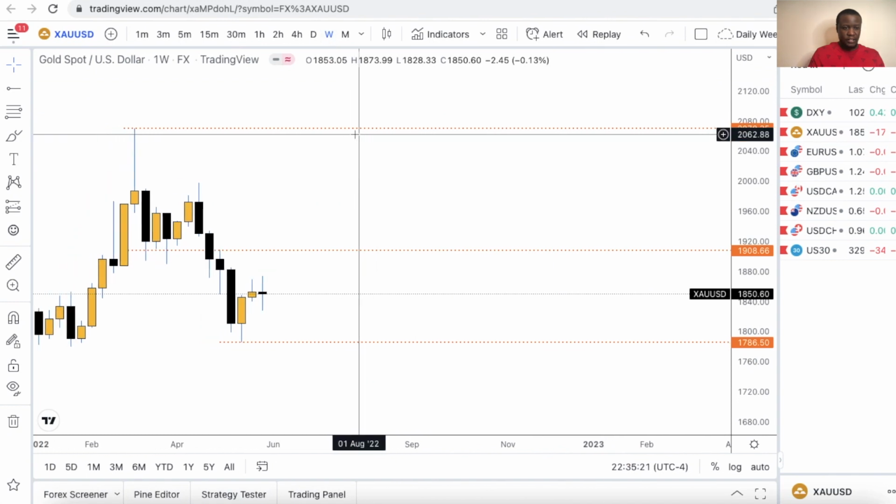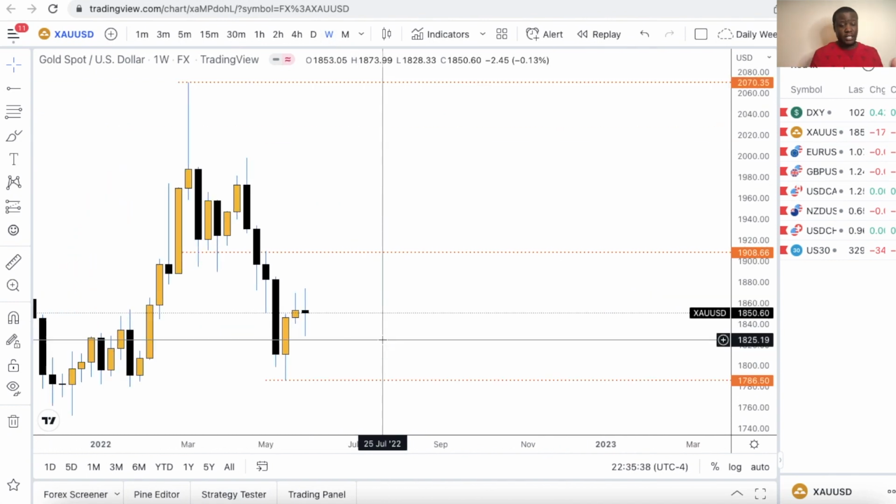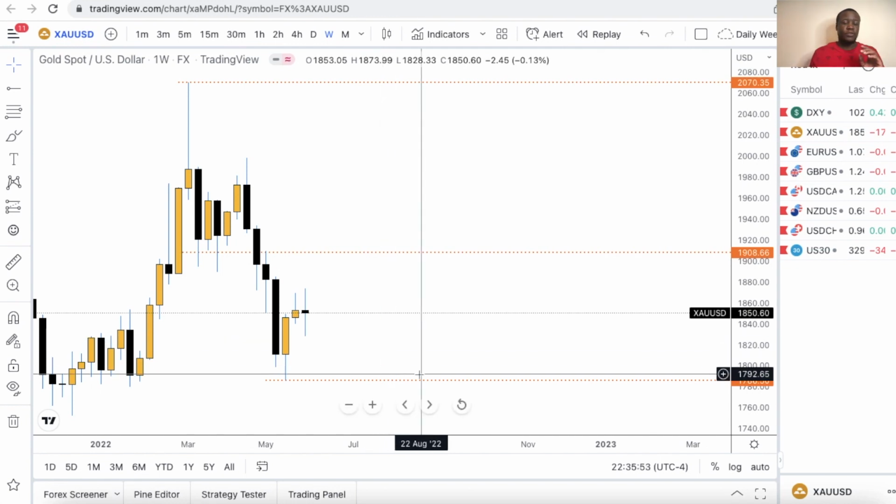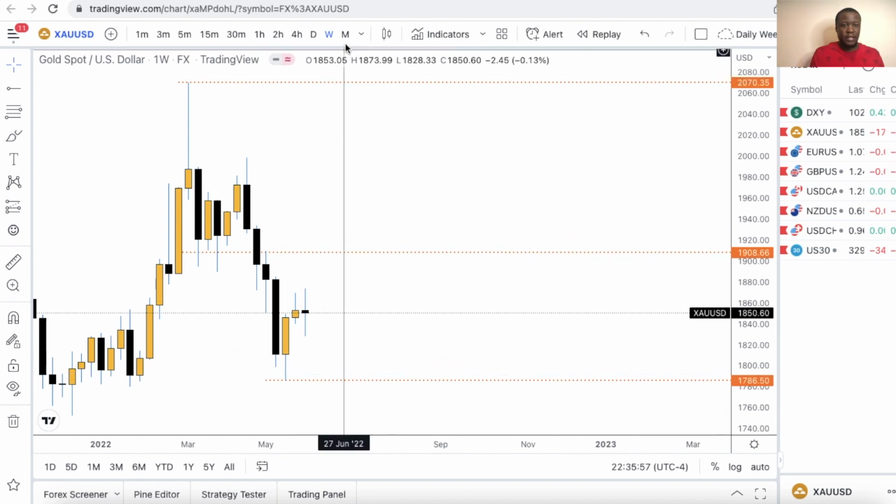All right. So now let's move our way down to the weekly. For the most part, a lot of these levels will be the same, but you're pretty much getting better execution with these levels as you go down each time frame. So real quick, let me go over time frames as well. M stands for monthly candles, W weekly, and you can see it underneath as you put your mouse on it.